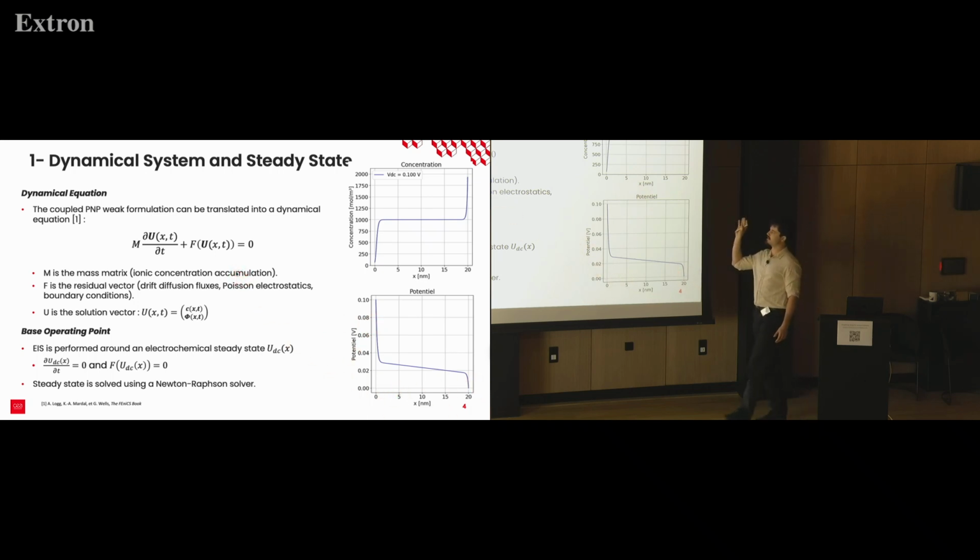Here I only model 20 nanometers, but usually we model more than 1 micrometer or tens of micrometers. But it's just to show that, for example, if we polarize the electrolyte with 100 millivolts, we will repel the ions from the interface. The potential is applied at this interface, and it will accumulate ions on the other interface. So this is the steady state, and we will simulate EIS around this steady state.